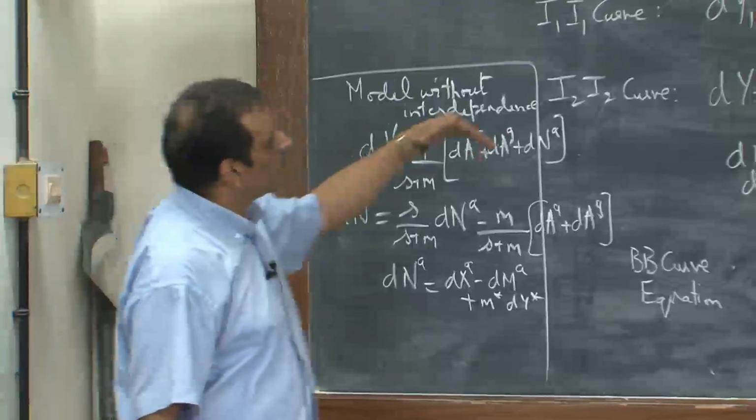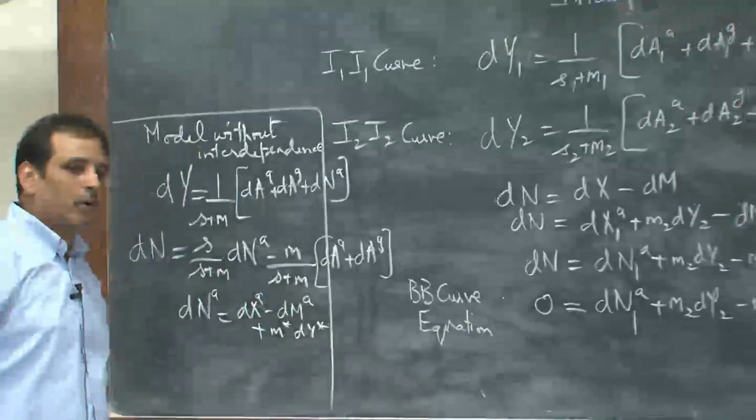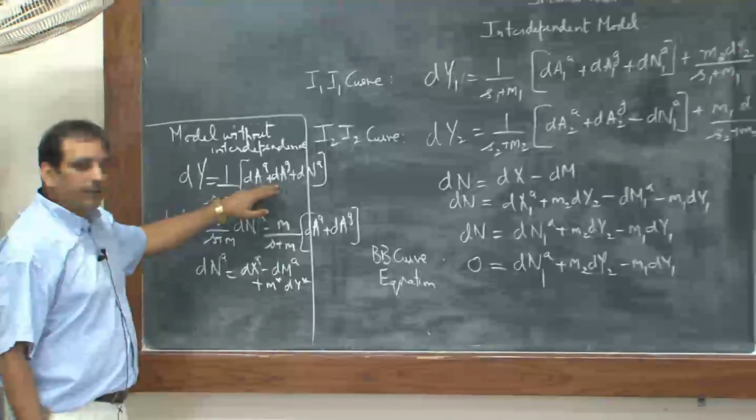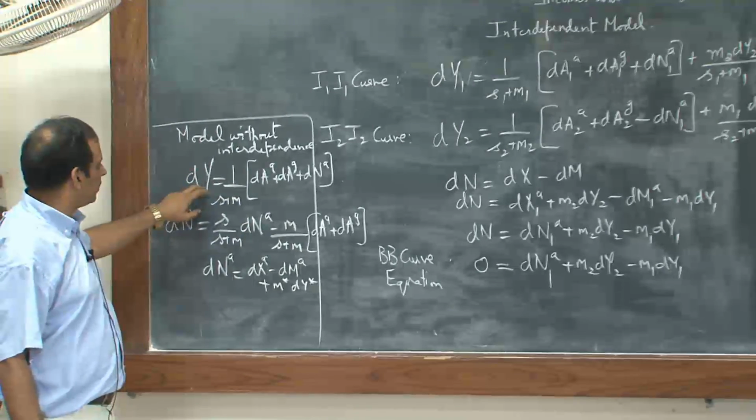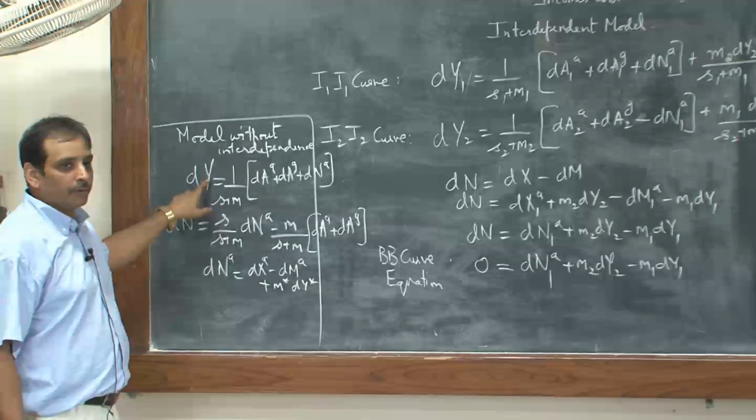Now see the difference between the interdependent and the dependent model, that if there is an increase in the expenditures, it leads to the changes in income through the open economy multiplier.